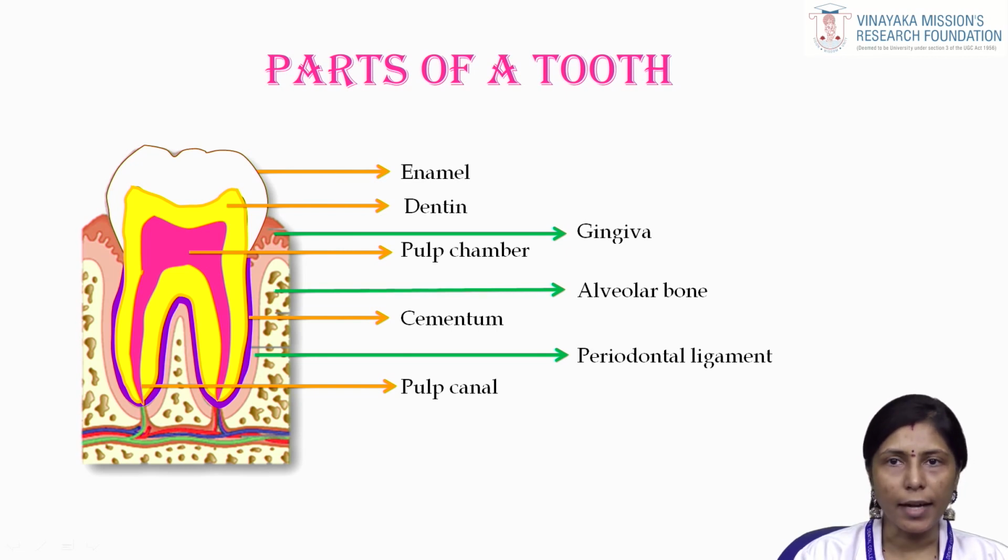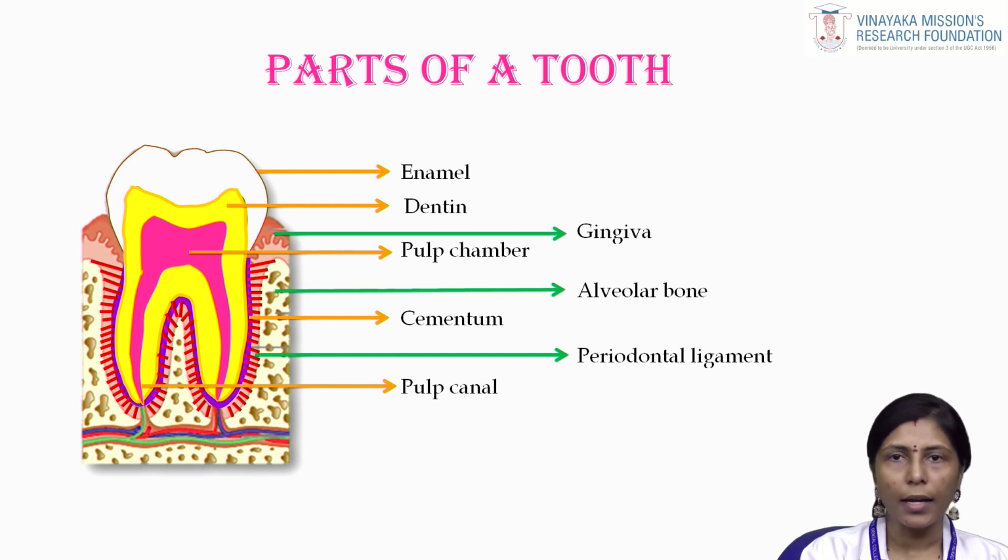The tooth is attached to the jawbone by means of periodontal ligament fibers. These periodontal ligament fibers radiate from the tooth and get the tooth attached to the jawbone. The fibers are embedded both into the cementum and into the jawbone. That's how the tooth stays within the jawbone.